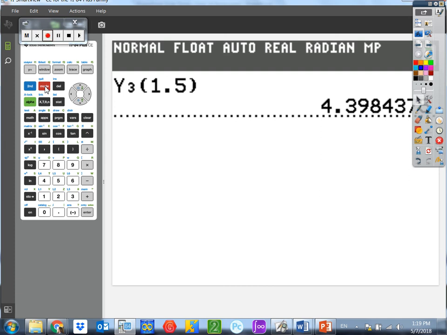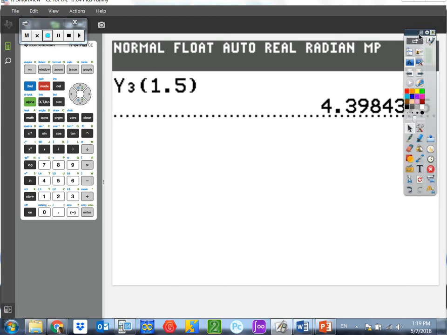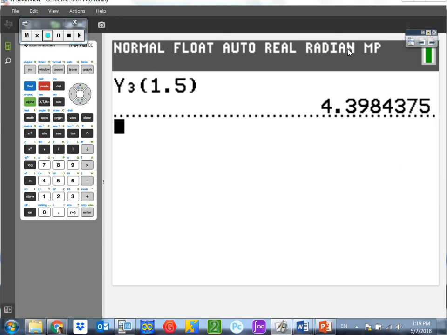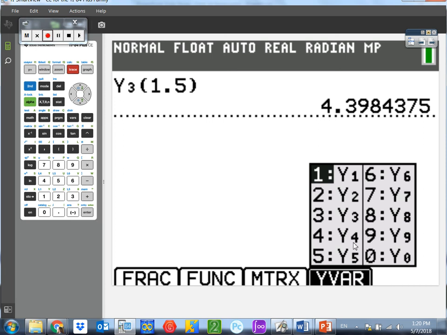Now this time, what I'm wanting to do is use y4, right? We want to use that one to get to our estimate. So to pull that down, we go alpha trace, we want y4.